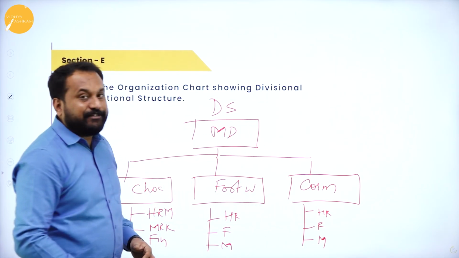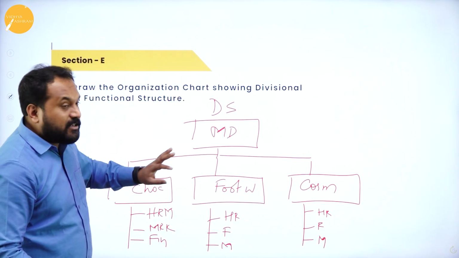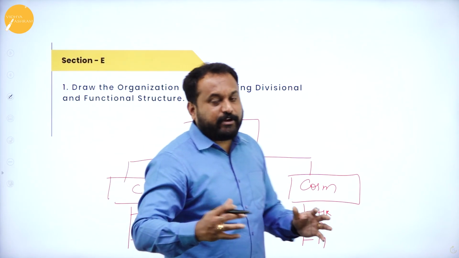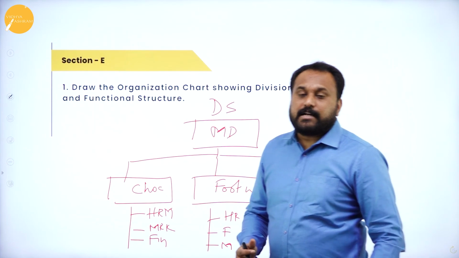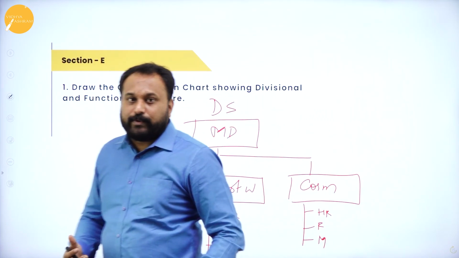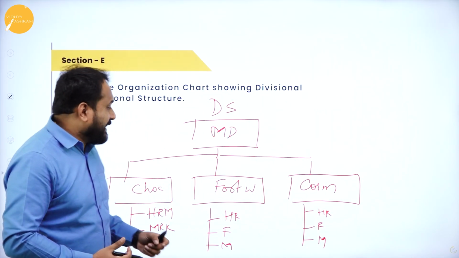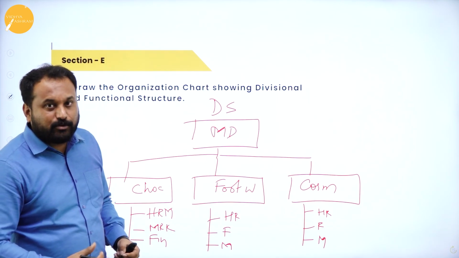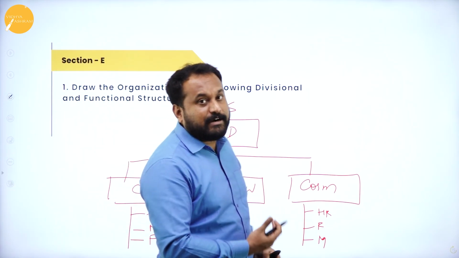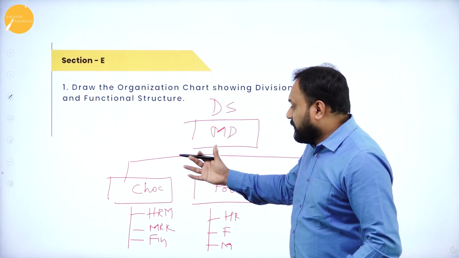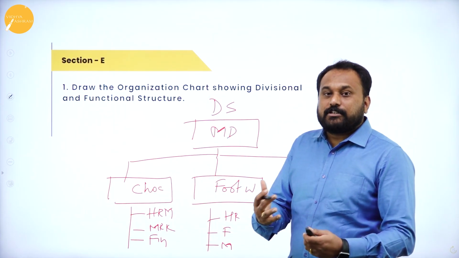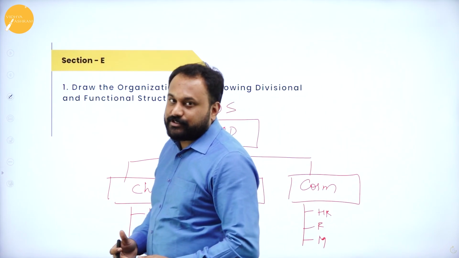This is called the divisional structure, which is for a very big company, a very big organization having more varieties. Even Tata Motors or TVS, they also have more varieties. You have two-wheelers, three-wheelers, four-wheelers, eight-wheelers. You have so many varieties. For each and everything, again, they go with the same kind of things. So this is the functional and divisional structure for you.